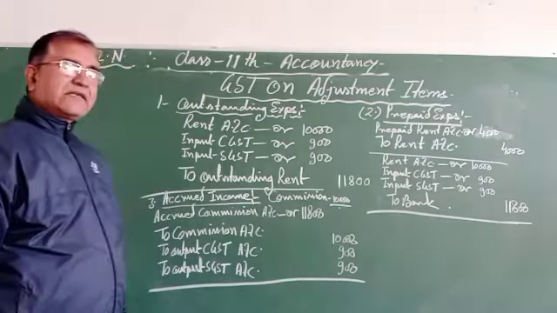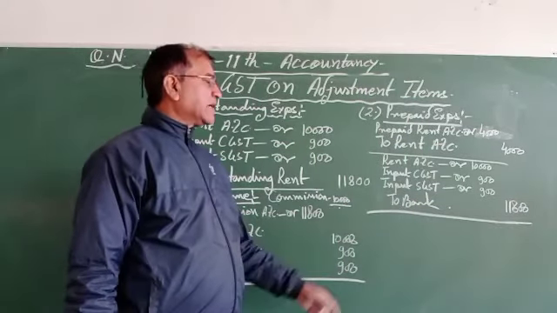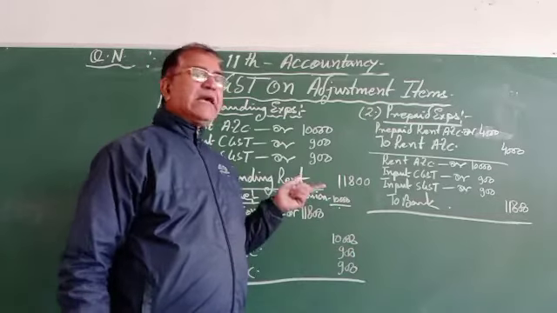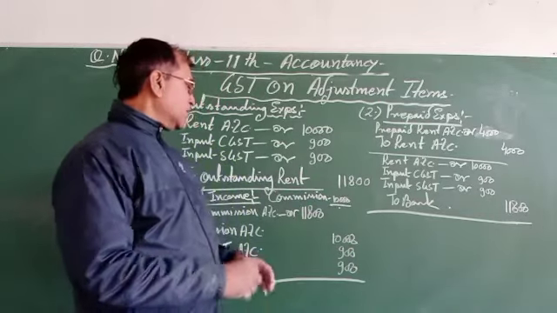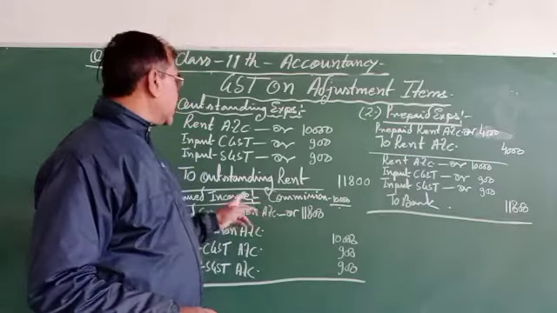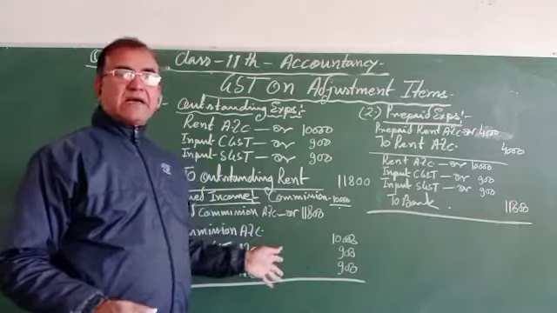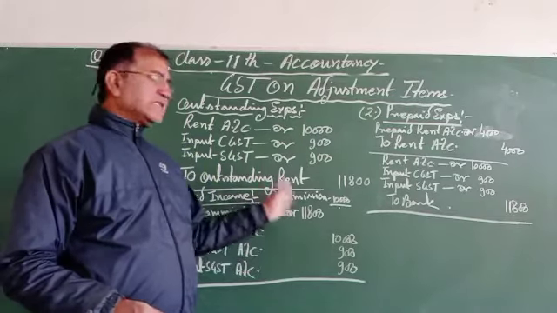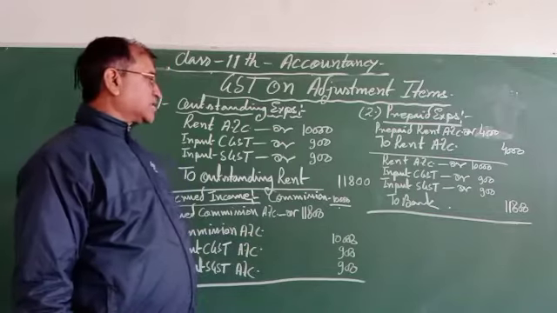And like that the prepaid expenses just paid in advance, whatever the amount, suppose a rent paid 10,000 given inside of the trial balance. But remember, point to be noted, whether the outstanding expenses given inside of the trial balance, the GST will not be charged, because it has already been charged.